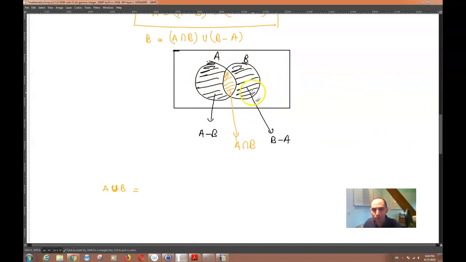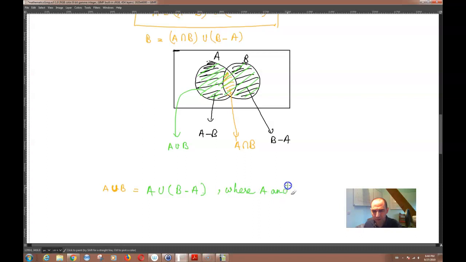Now A union B is the same thing as A, which is this part over here, union with B minus A, which is this part over here, which of course makes sense. So you can say A union B is the same thing as A union with B minus A, where A and B minus A are mutually exclusive.